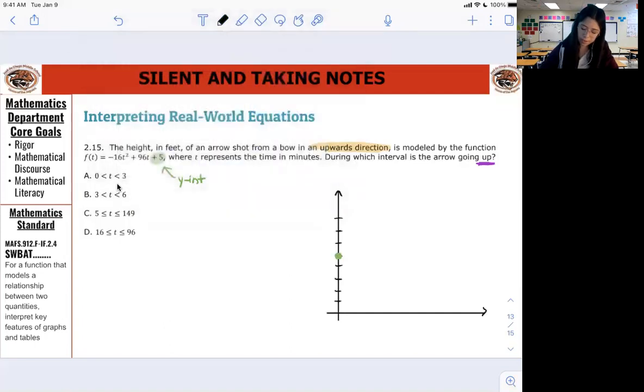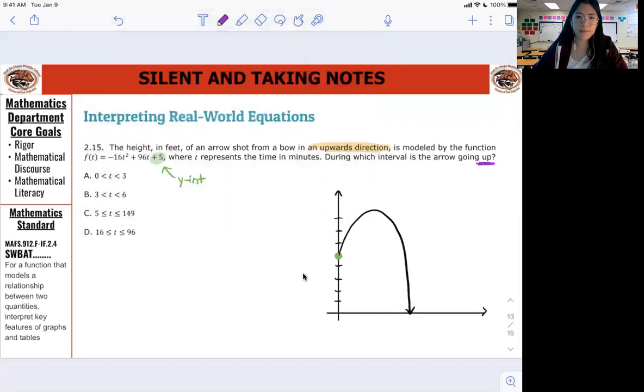I know that this arrow is going up and then coming down, right? Now, what is the question asking me? The question is asking me, what is the interval during which the arrow is going up? So from where to where would the arrow go up? From which two parts of the graph? From 3 to 6.